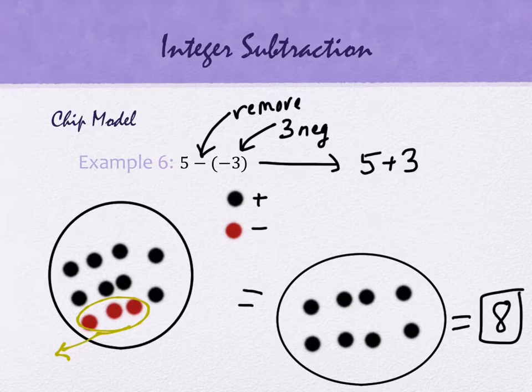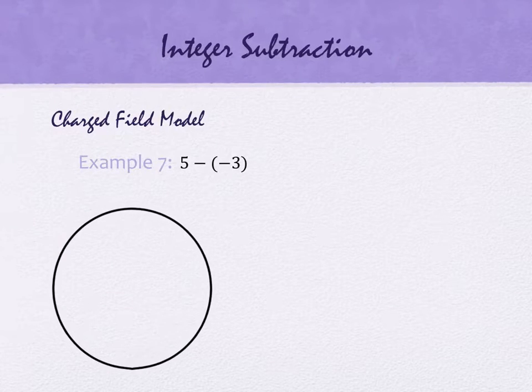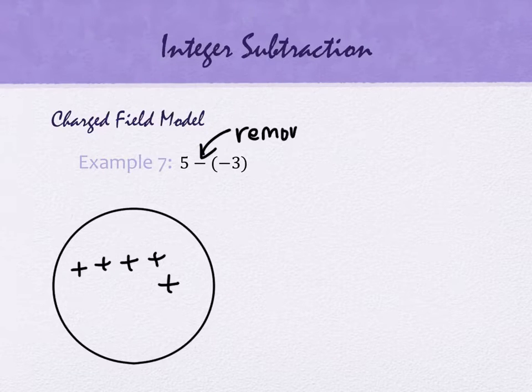Okay? So the key is to put into the situation 0 pairs. Now, we're going to do the same thing. We did this last time as well, but with charges. Remember, we have the charged field model, and so I put in 5 positives. And then I want to remove, that's what subtraction means, to remove or take away, that's how we usually describe it, 3 negatives.